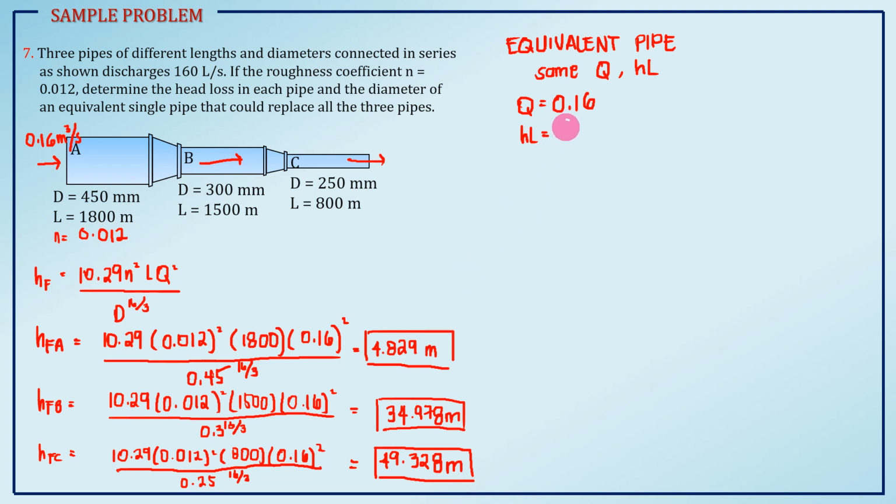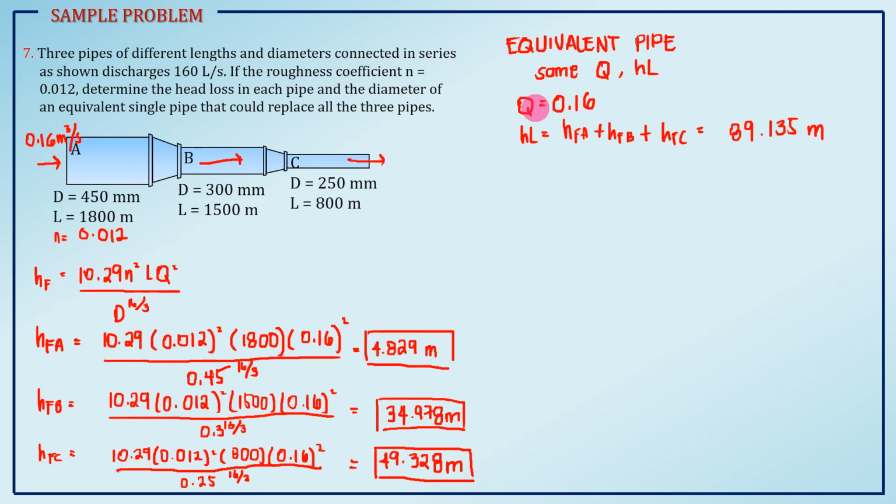It is your HFA plus HFB plus HFC. So, total, 4.829 plus 34.978 plus 49.328, that is equal to 89.135 meters. Yan. So, that would be the amount of your head loss and the Q.